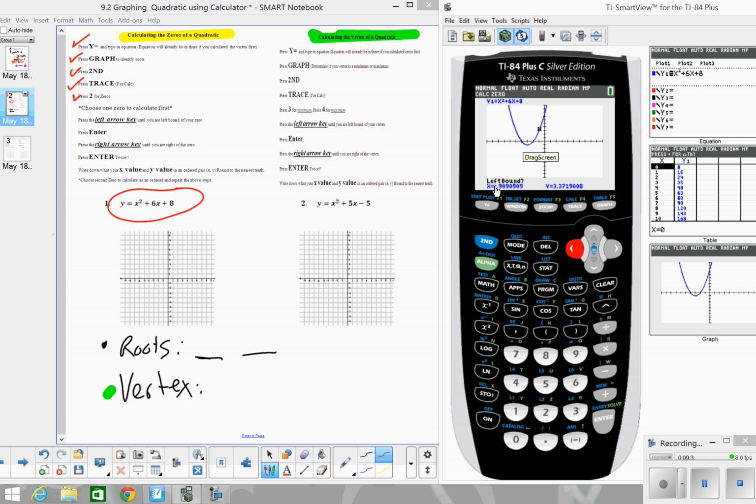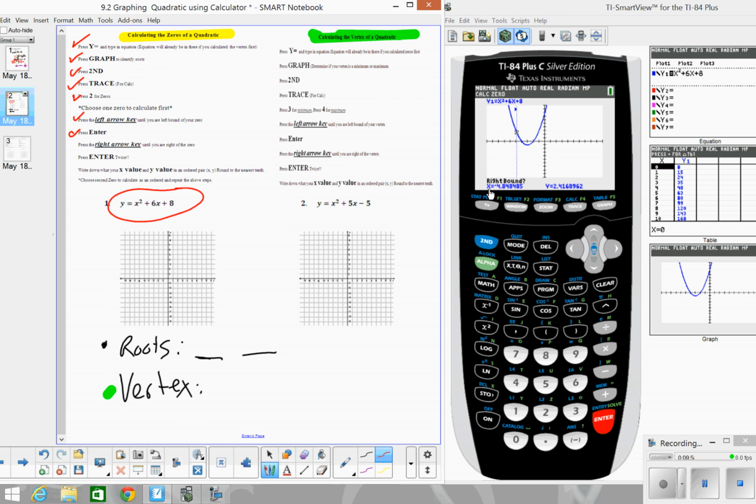Now, it's asking me for the left bound of that 0. So all that means is that I need to get the cursor to the left side of that root. So I need to keep hitting the arrow all the way until it's left of that root, which it is. Then it tells me to hit enter. Okay, so I completed those 2 steps.